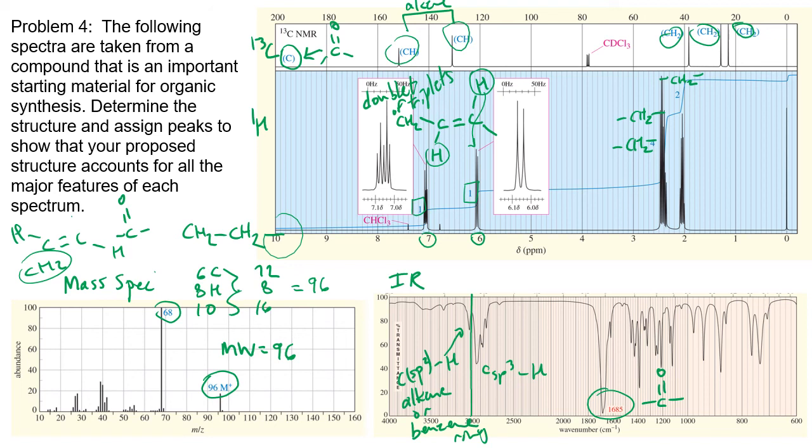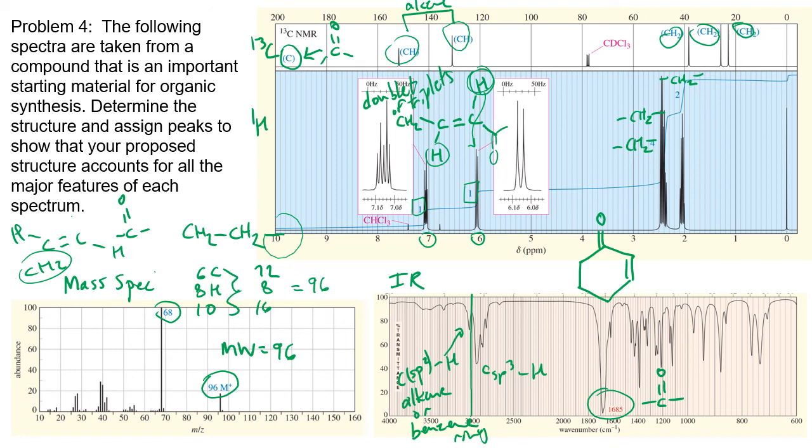We know that this hydrogen here is isolated other than the other alkene hydrogen. So our carbon-oxygen double bond must be right there. So let's see how many carbons we have. 6 carbons. So this must be a 6-membered ring, and we have a carbon-oxygen double bond right there.